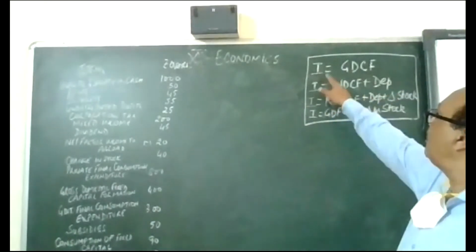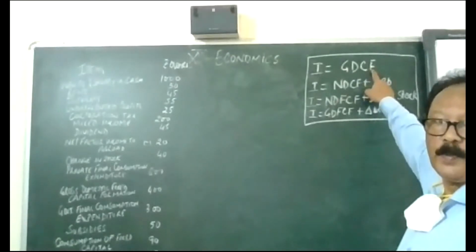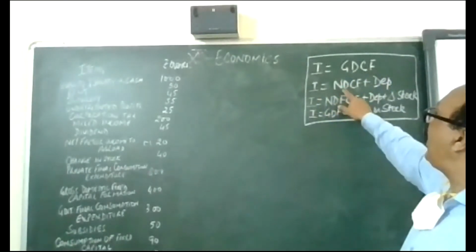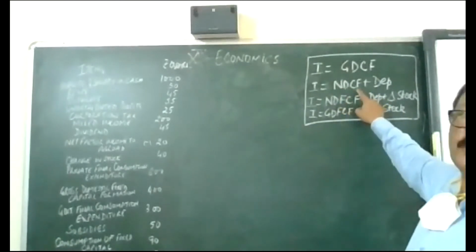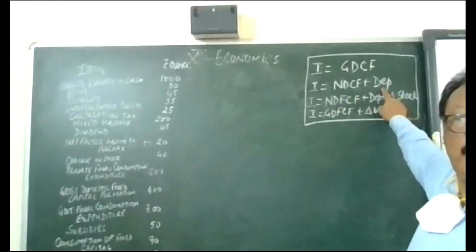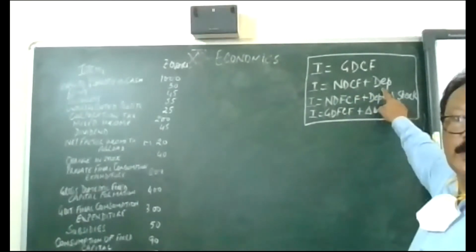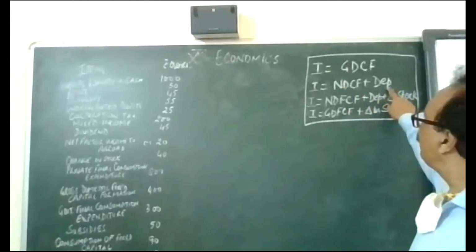Like I, another word for gross domestic capital formation. When NDCF, that is net domestic capital formation, is given in a question, to get it to gross, you will add depreciation. So your investment will be NDCF plus depreciation.